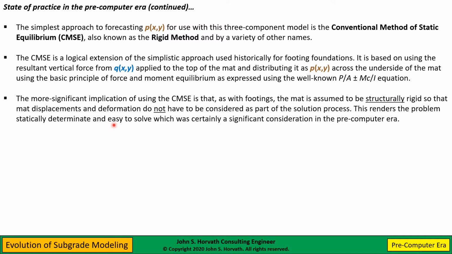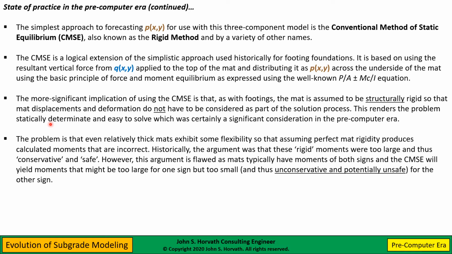By assuming that the mat is structurally rigid, the mat deformations don't have to be considered as part of the solution process. We're just using statics, and that's why I call it the conventional method of static equilibrium. We get an assumed stress distribution on the underside of the mat based simply on satisfying force and moment equilibrium with the applied Q, X, Y. Well, this certainly made life easy in the pre-computer era because it renders the mat component as statically determinate.